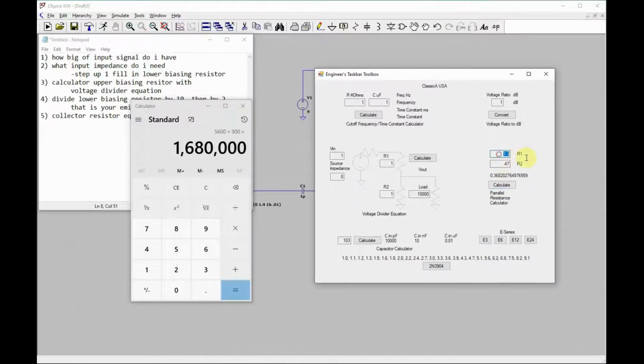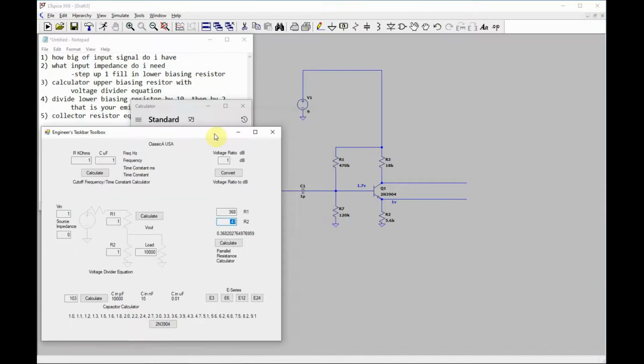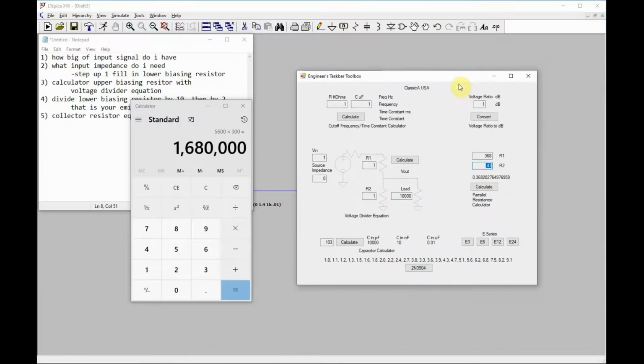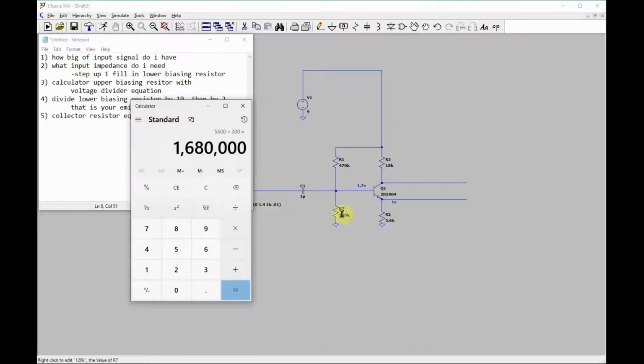I'm going to take that 368K, I'm going to parallel that with 120K. I'm going to calculate that, and that comes out to be 90. So this is a 90K input impedance. So we're a little lower than what I anticipated, but we're in the same ballpark.